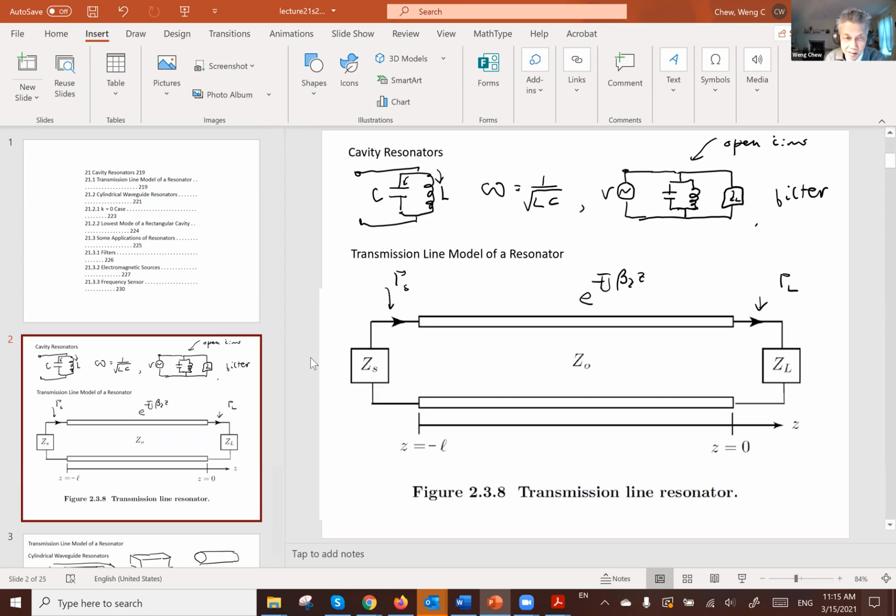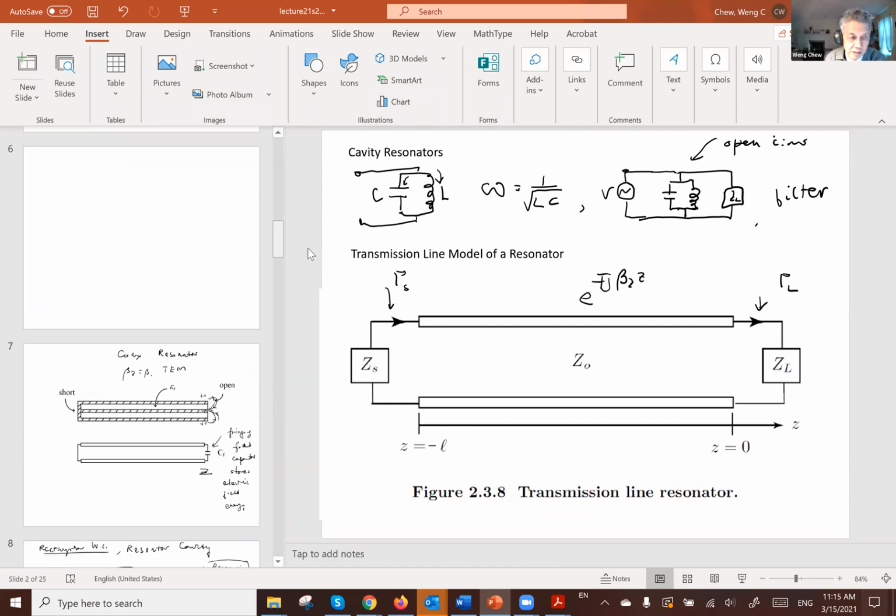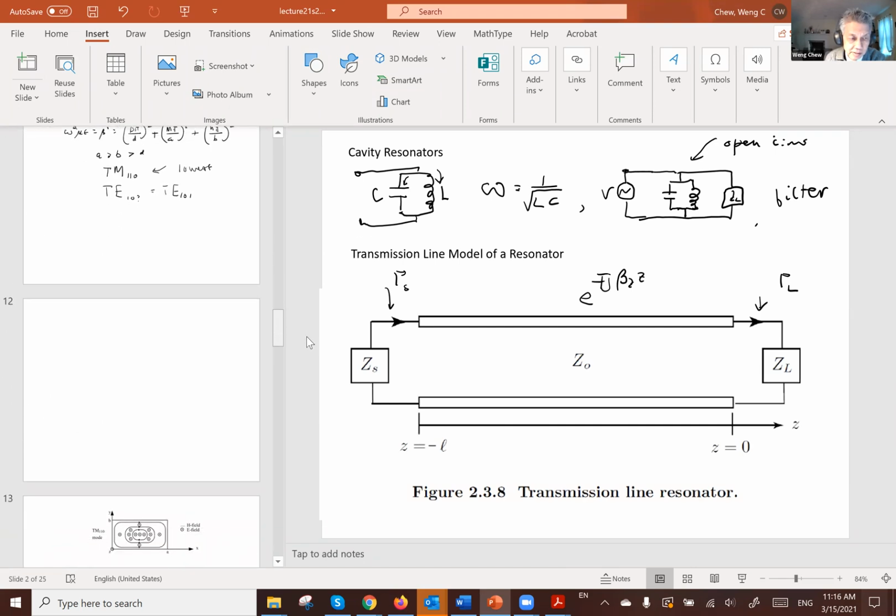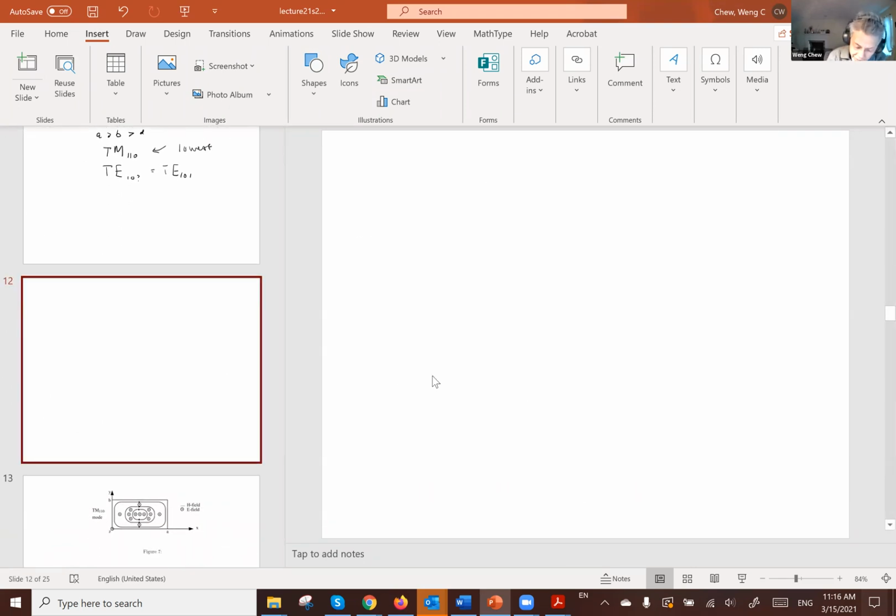Okay, this is a design of a very simple filter. So you can make filters by using resonators, very much like what you did in circuit theory. For instance, and this would be a very, very simple filter.